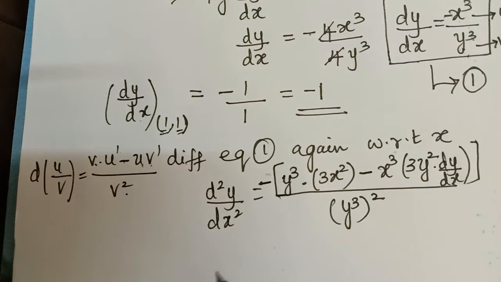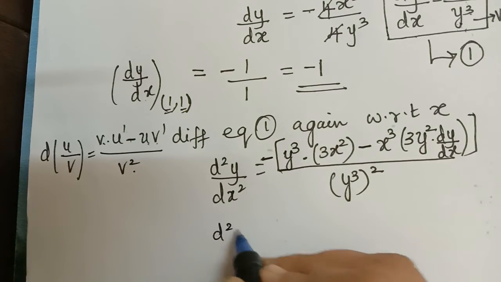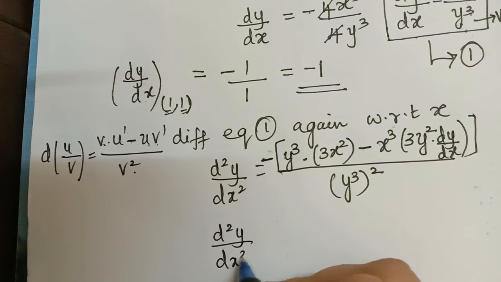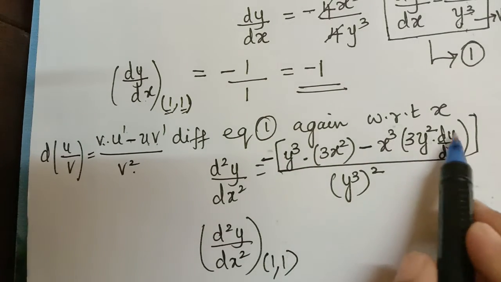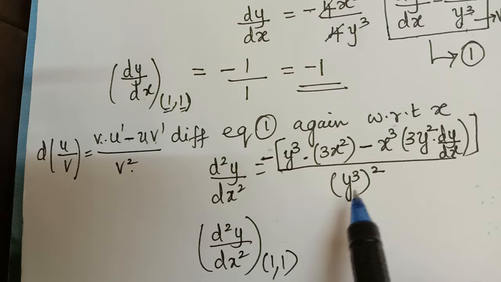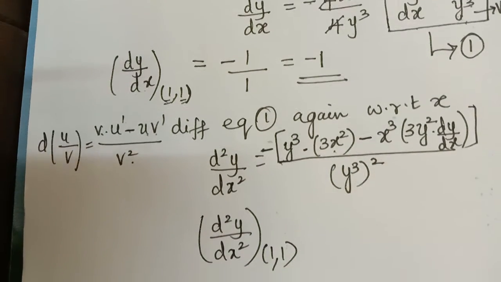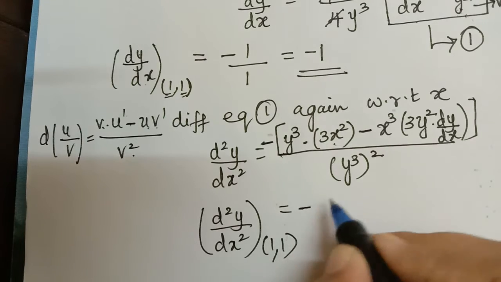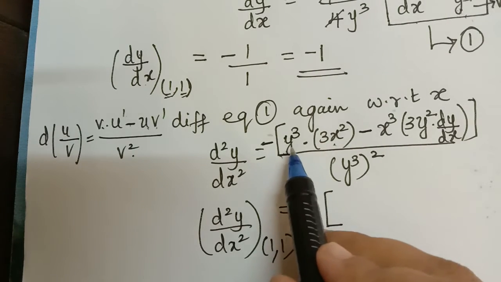But actually we have to find d squared y by dx square at the point (1, 1). So wherever we have x and y, we will replace it by the value 1. So now if you see here, this will be minus of y cube. What is y? y is 1.